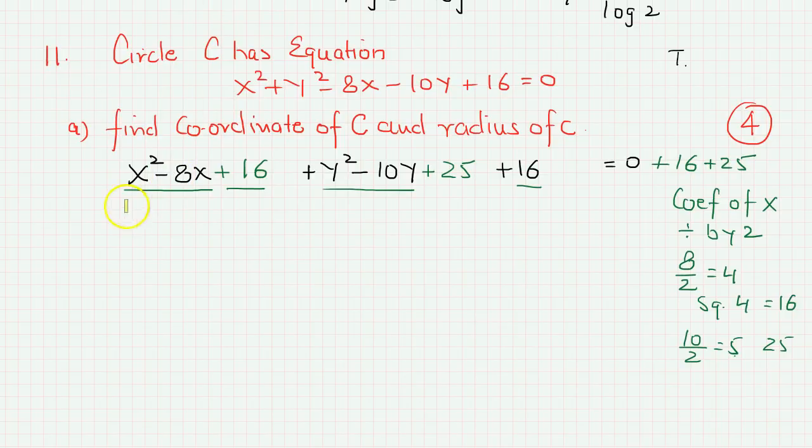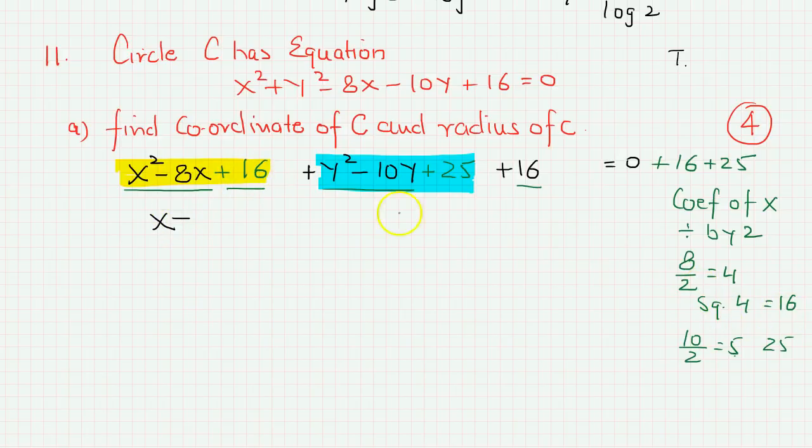Now we have this side as x square minus 8x plus 16, and this one is y square minus 10y plus 25. So the factors of this: x, you write minus, and which number did we square?